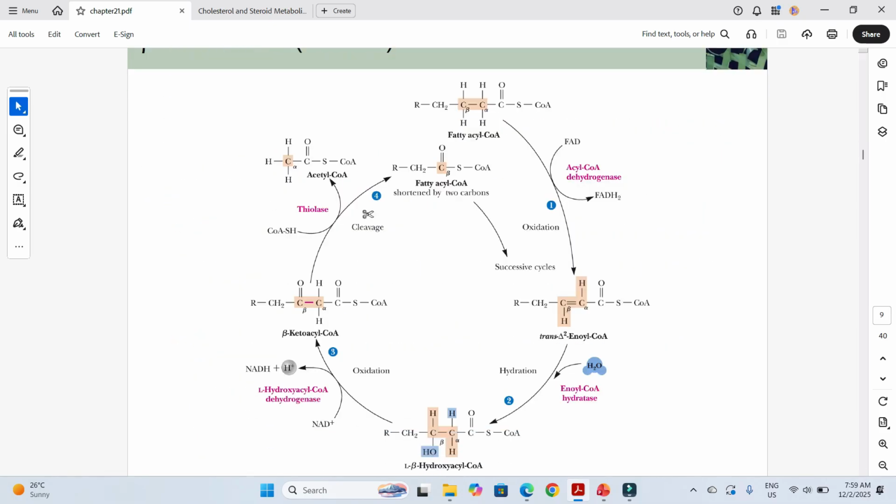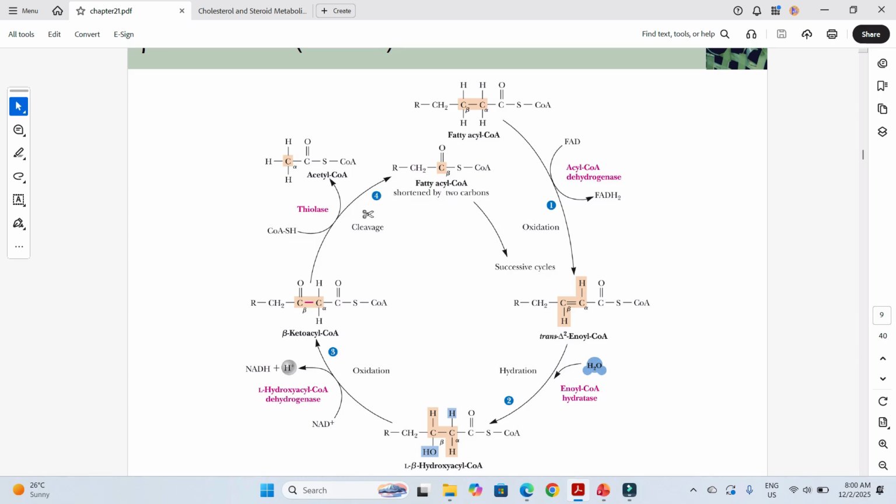So I want you to look at this fatty acyl-CoA. This is your carbonyl carbon of the thioester. This is the alpha carbon and the beta carbon. So what's going to happen first is that the fatty acyl-CoA will be oxidized by fatty acyl-CoA dehydrogenase, in the process generating a double bond between the alpha and the beta carbon.